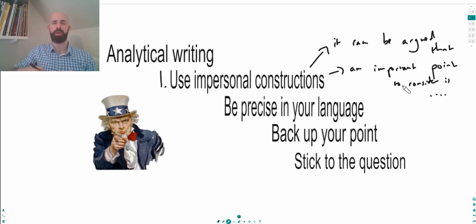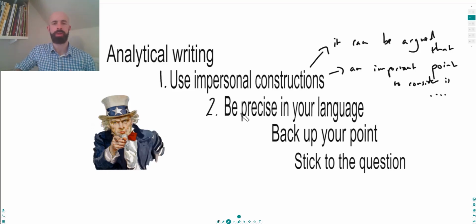One might argue, one might say, many people think that. You just want to try and keep it impersonal. And then it's only really at the end of your discursive essay where you might come in with your own viewpoint, your own angle on things. So by using impersonal constructions when you need to, it gives you a lot more room for maneuver.